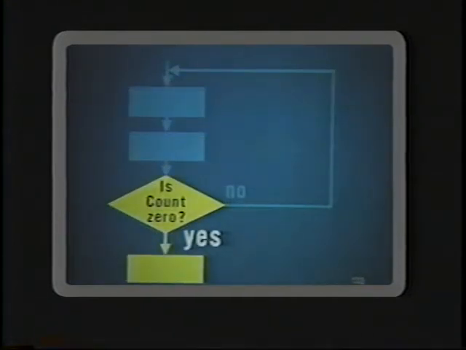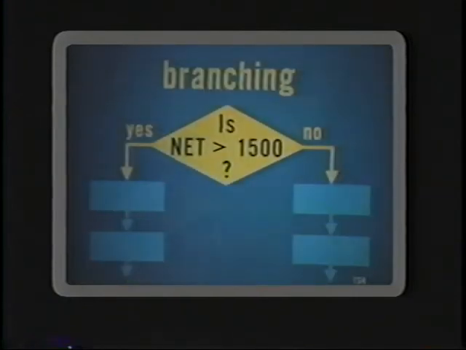When this condition is met, the computer breaks out of the loop and resumes its normal instruction sequence. In other instances, a program may contain 2 or more separate paths. Again, the computer must decide which path to take, depending on whether or not a specified condition has been met. This process is called branching.